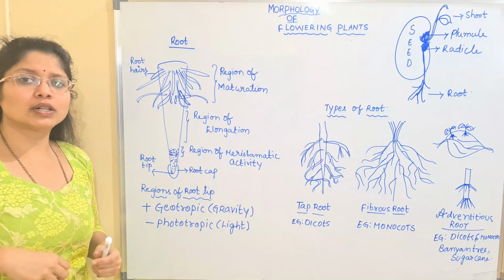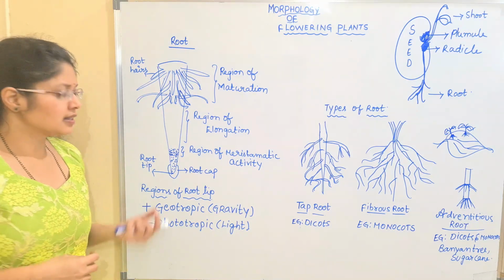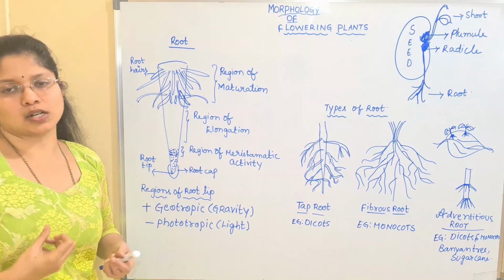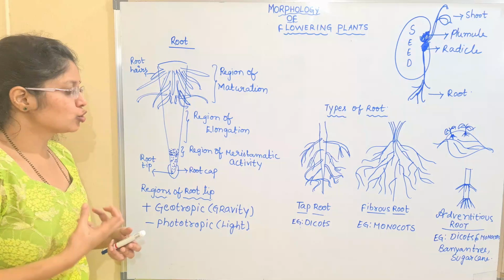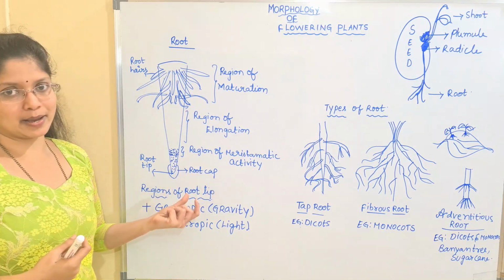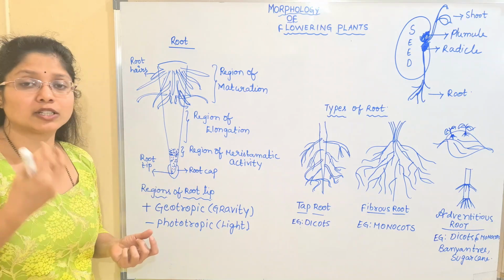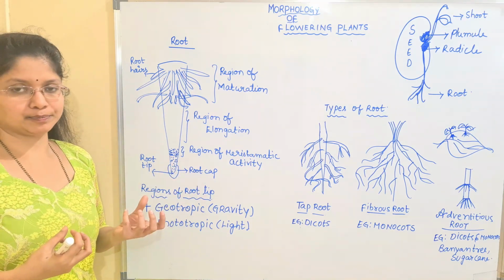We all know the root is mainly digging the soil and penetrating into it. This is a very sensitive, thimble-like structure. While it is penetrating through rocks and mud, it has to be protected, and hence it has a root cap for the protection of this thimble structure.